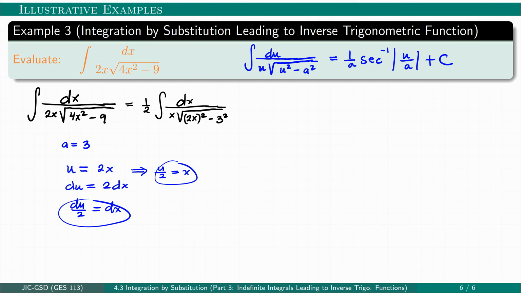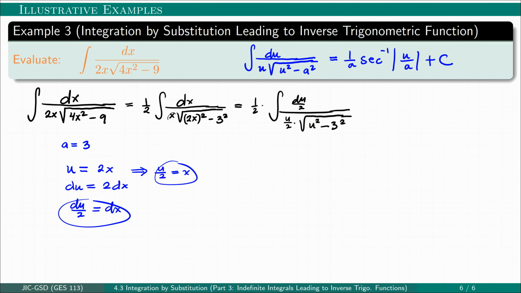Now let's use this information to rewrite our integral as 1/2 times the integral of, well, dx now is du over 2, divided by x, which is actually u over 2, times the square root of 2x, which is just u, so this will be u squared minus 3 squared.